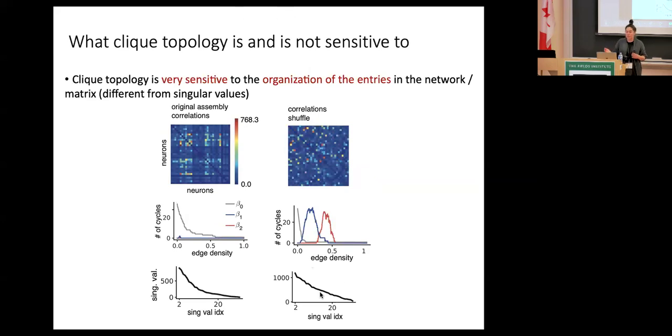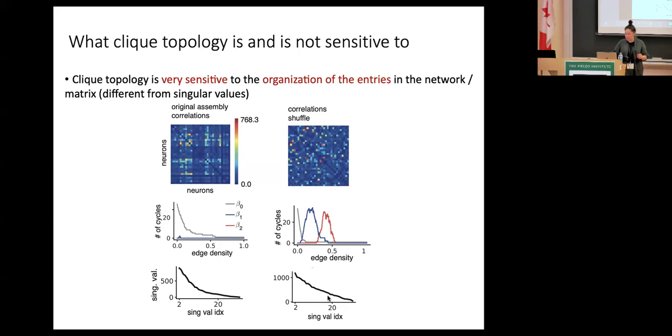On the other hand, clique topology is really sensitive to the organization of the correlations in this matrix. When we shuffle where these correlation values are, we see that the Betti curve signature really changes. For instance, the actual assembly had no Betti 2, shown here in red. It was just a flat line at 0. And the second we shuffle it, we have a ton of Betti 2, which are voids, and a ton of Betti 1.